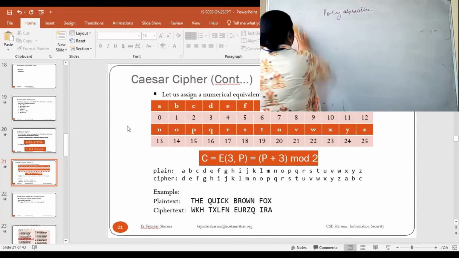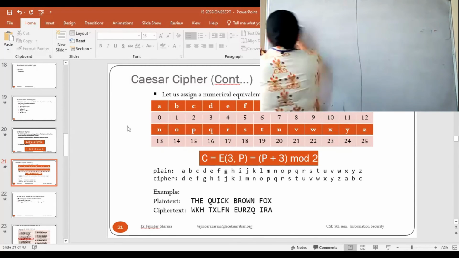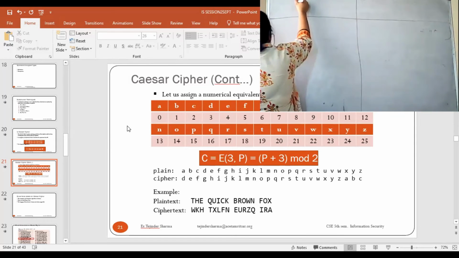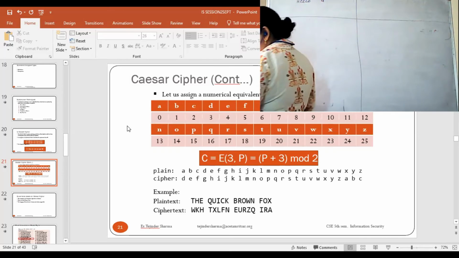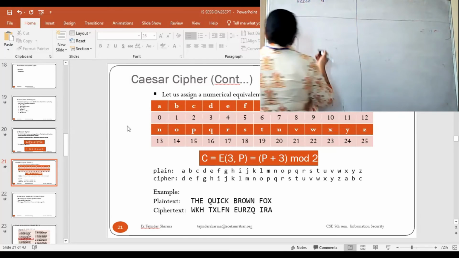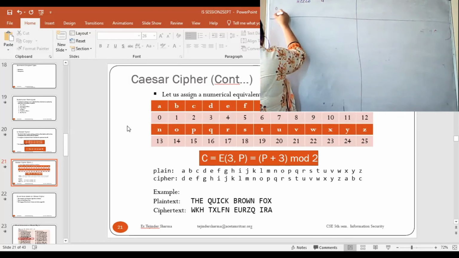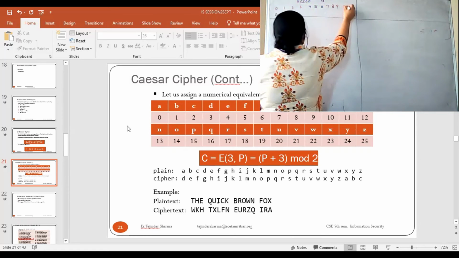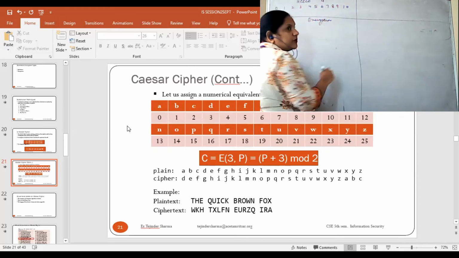So I'm writing it here. The message given to you is hello, and the key is given to you as food. Hello and food. Fine. So let's do it. If I write the alphabets, this is the encryption side, and this would be your decryption side.